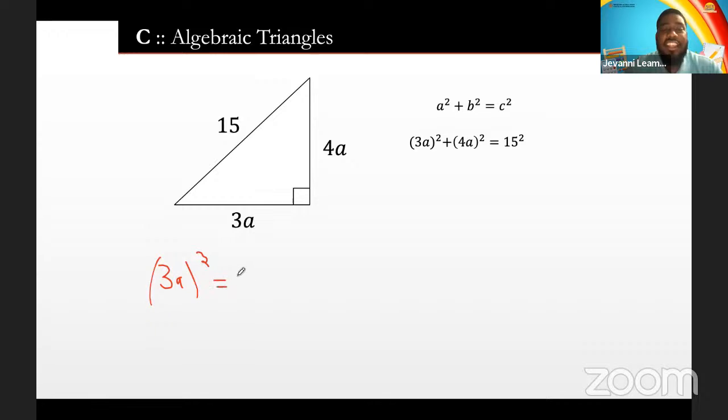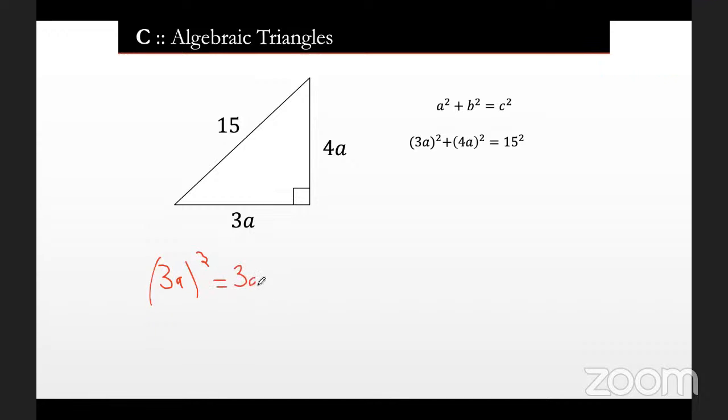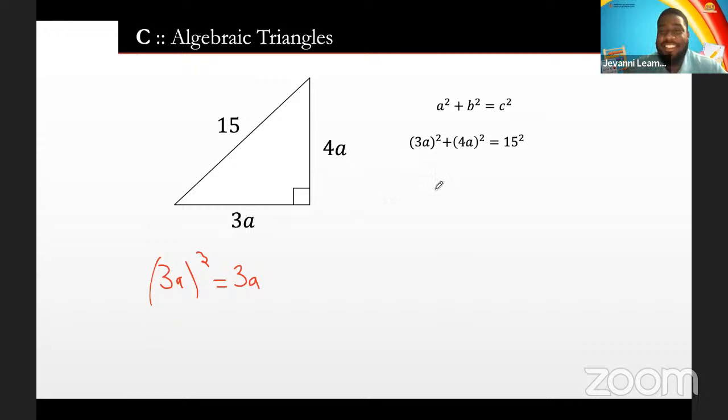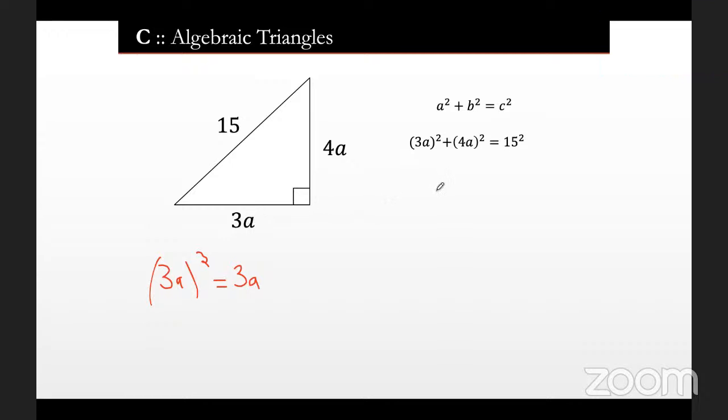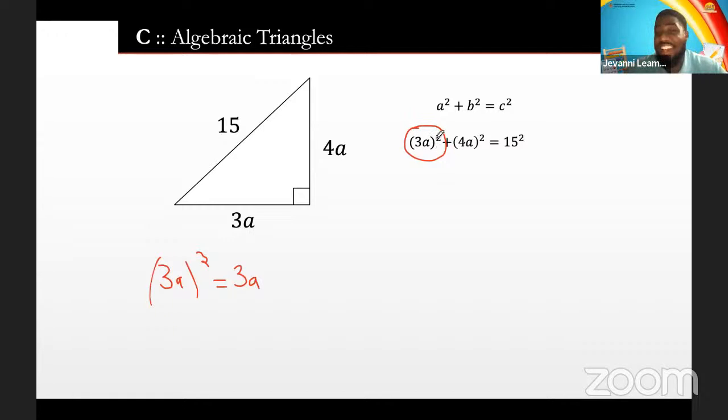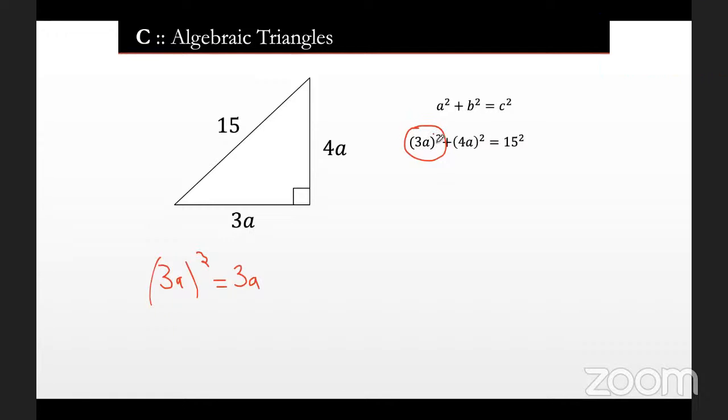What can I do to 3A squared to get rid of the square? I guess you can just distribute. Why are we getting rid of the square?